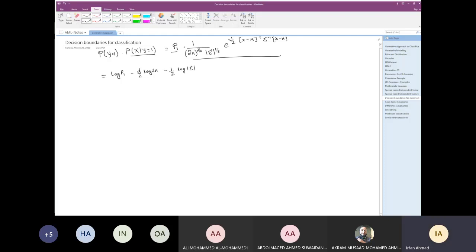Now, log of e cancels, and we are left with minus half, and inside we have x minus mu transpose sigma inverse x minus mu. Is this making sense? This is what happens if we apply log, in the log domain. Any question on this?